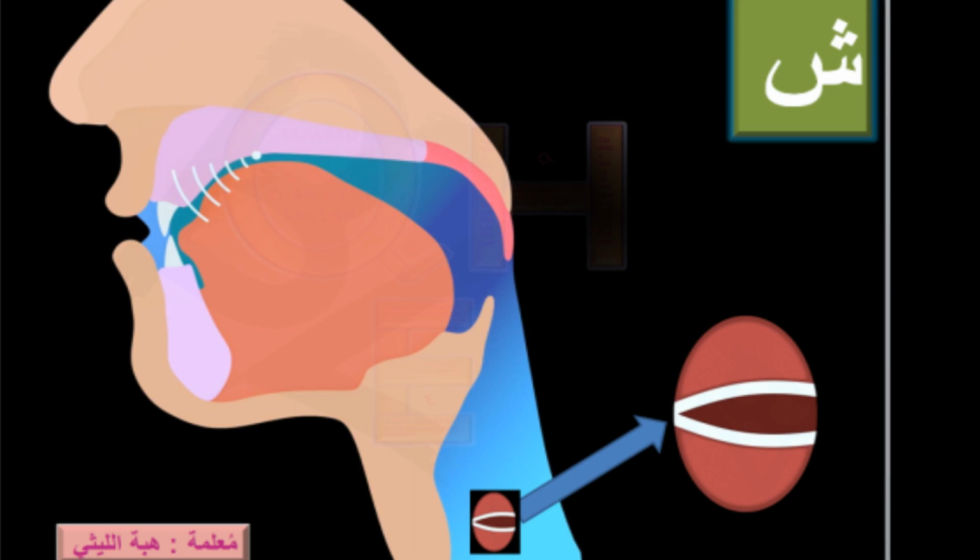So I expect nothing to close the breath's way because the vocal cords are open and there is no vibration on them. Let's see in a picture here. There is an example for letter Shin. If I look here, letter Shin, the vocal cords are completely open and there is no vibration on them. All of you can try right now and say ash, ash. How can I know if there is hams on it? There is an easy way to know.